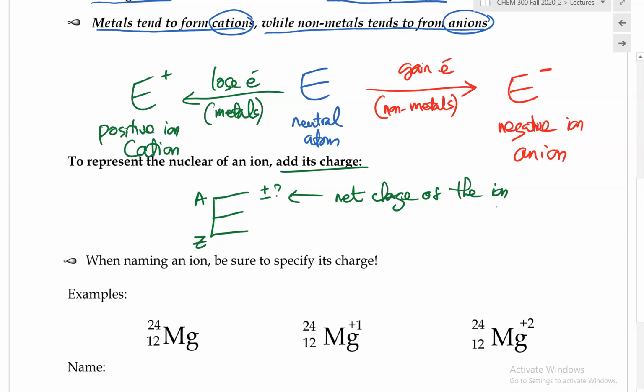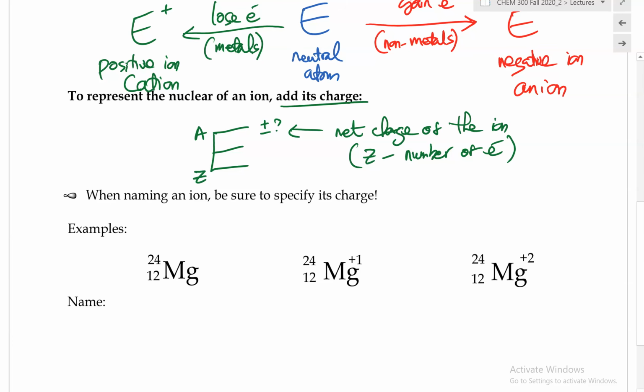And this net charge right here can basically be figured out by taking the atomic number and subtracting the number of electrons that the atom now has, and that allows us to figure out what is the charge of the ion. And when we name an ion, be sure to specify its charge as well, so that way we can distinguish it from the neutral atom.